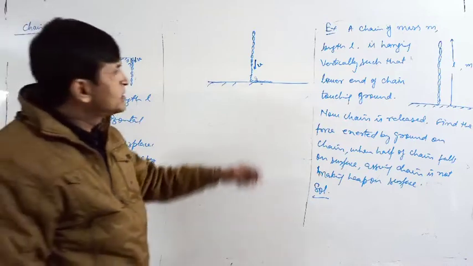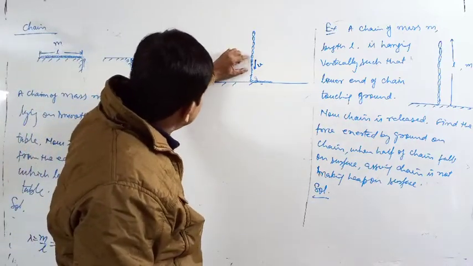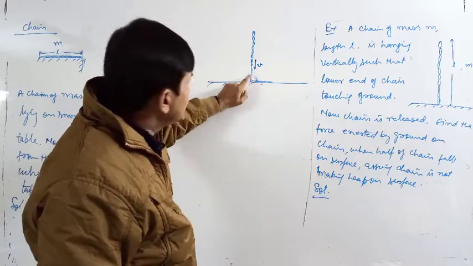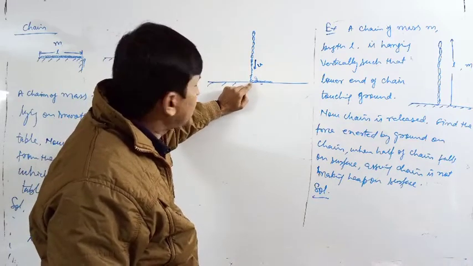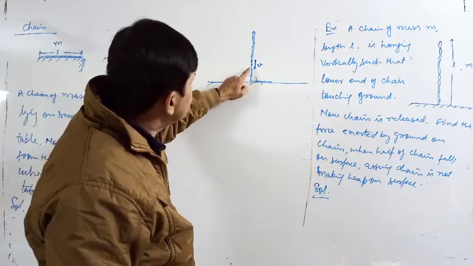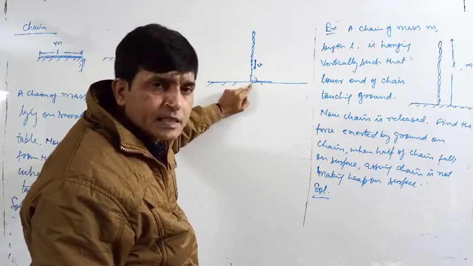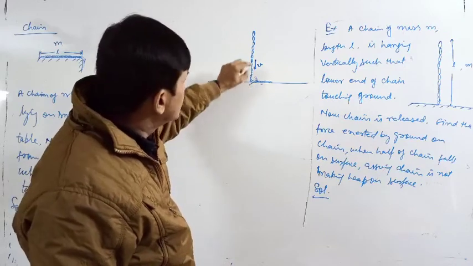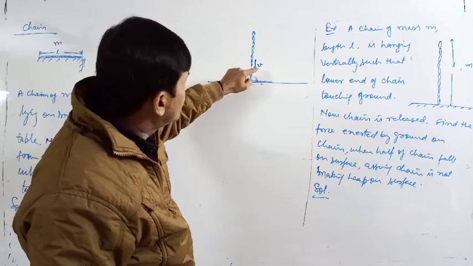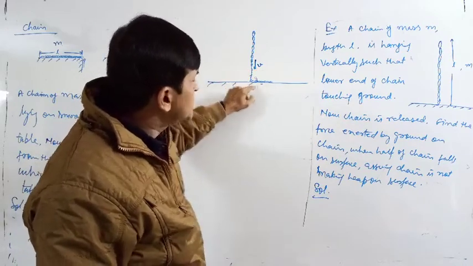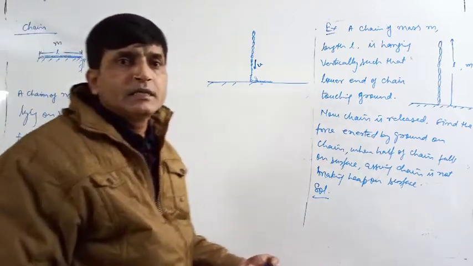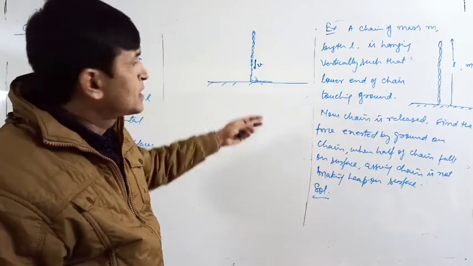As the falling chain touches the ground, immediately the velocity of that part becomes 0. So the momentum will change from v velocity to 0 velocity, some change in the momentum, and because of that a thrust force is there.